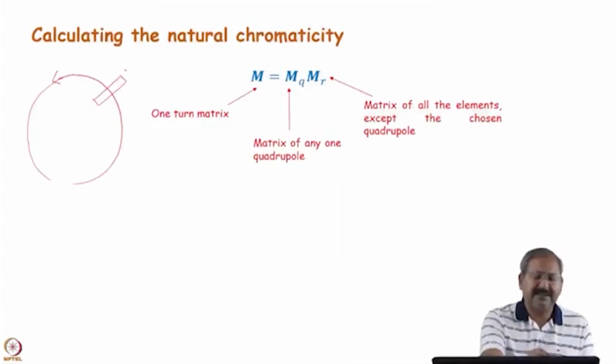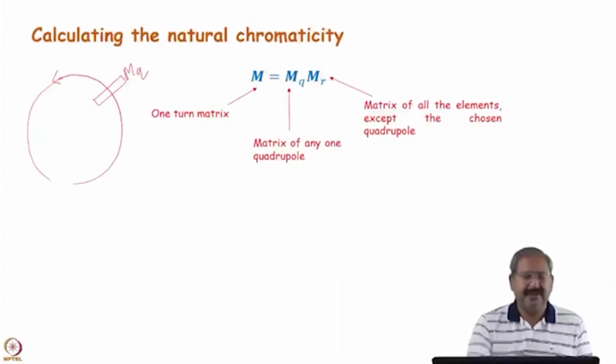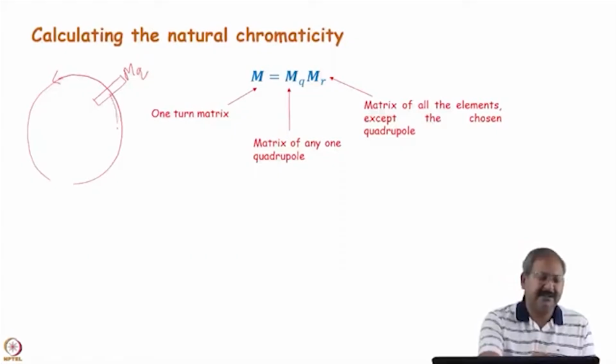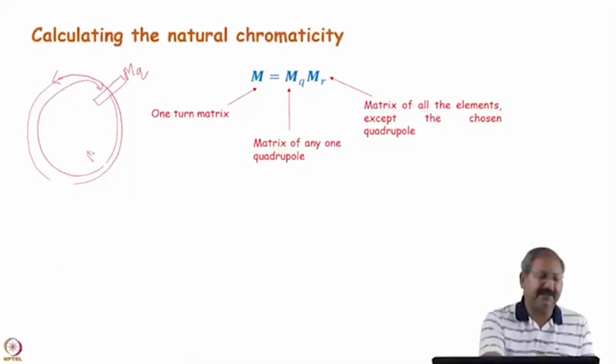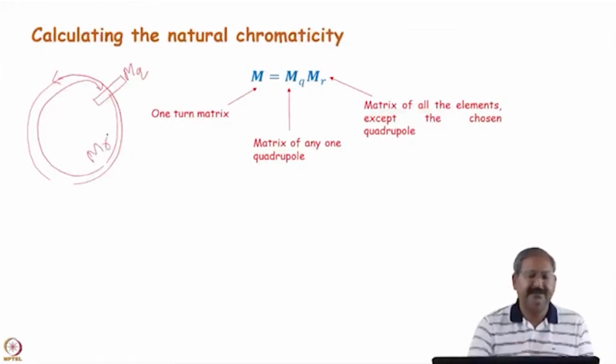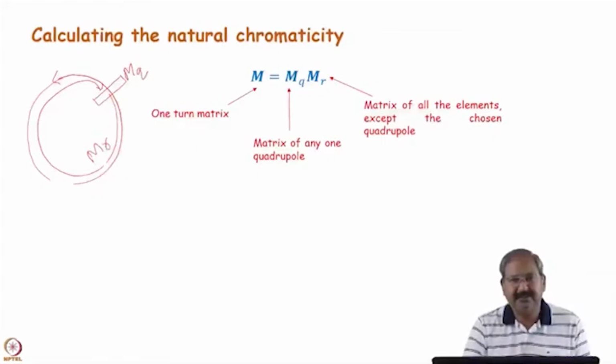So let us say that this quadrupole has the transfer matrix MQ, and after this magnet, again reaching the beginning of this magnet, the matrix is MR. So if we multiply these two matrices, we will get the one turn matrix, or the matrix for one complete turn in this synchrotron.